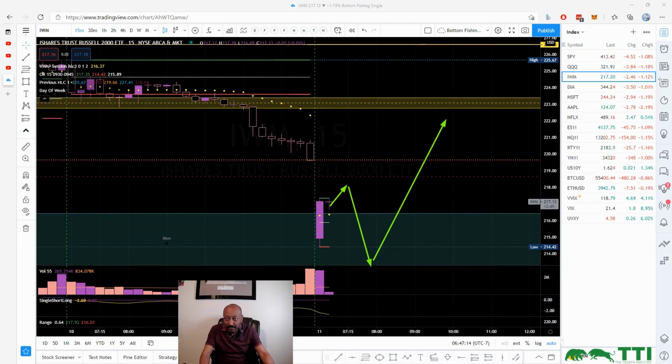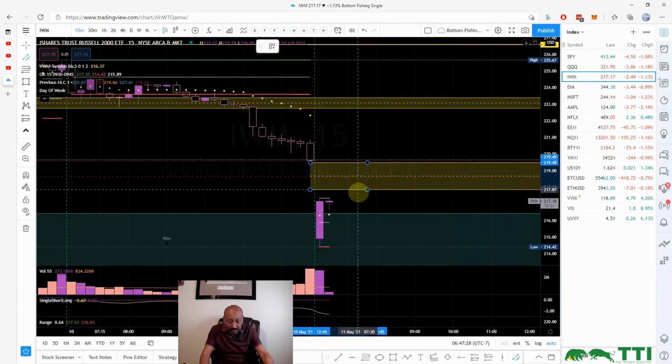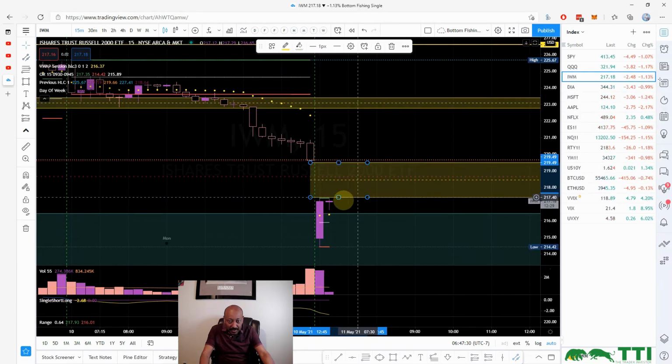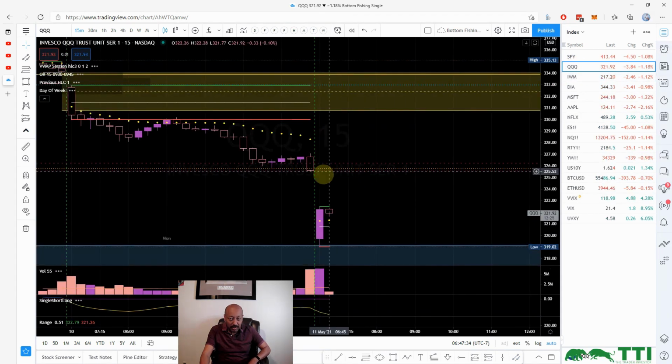And while I'm on the subject of mentioning wrong things at the wrong time, I want to draw an imbalance. This is a true imbalance. We have an imbalance here. We have an imbalance here. So all of them have this imbalance today because we have a gap down.